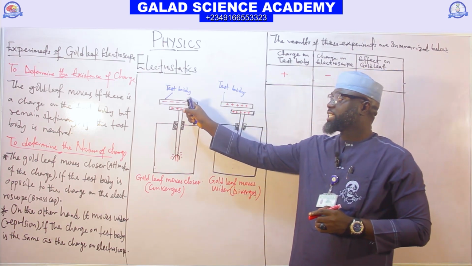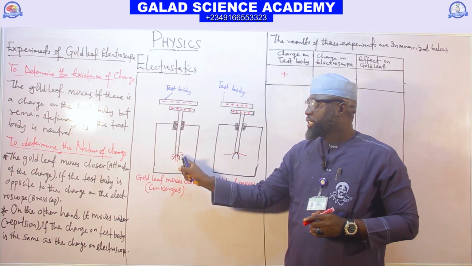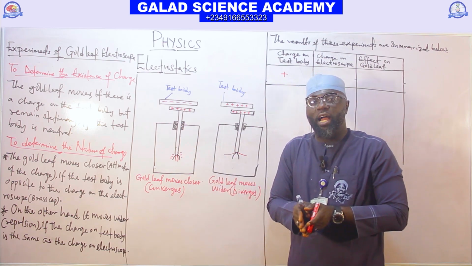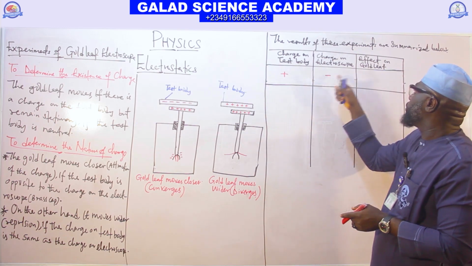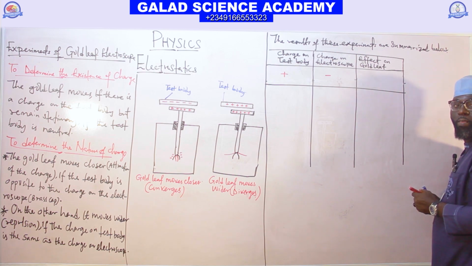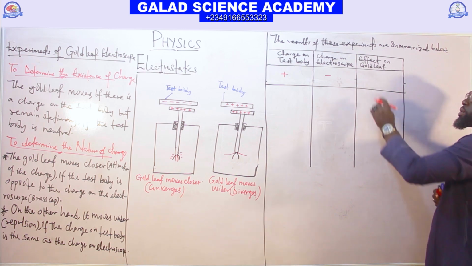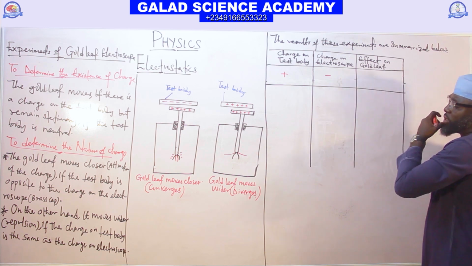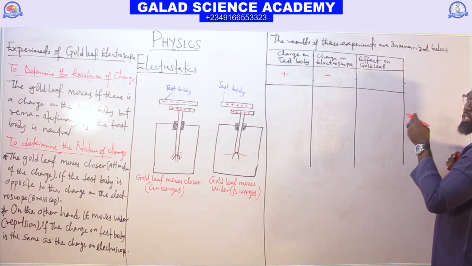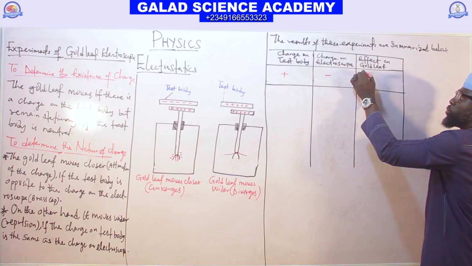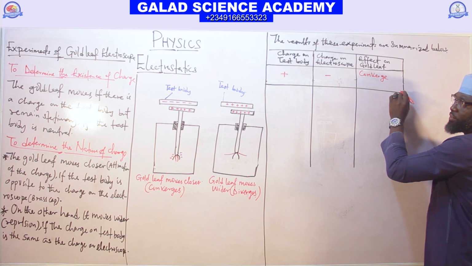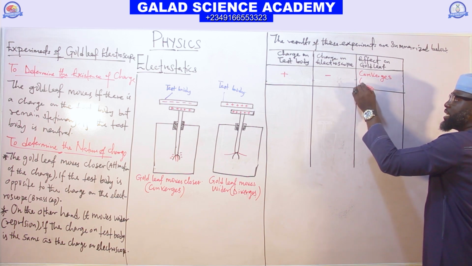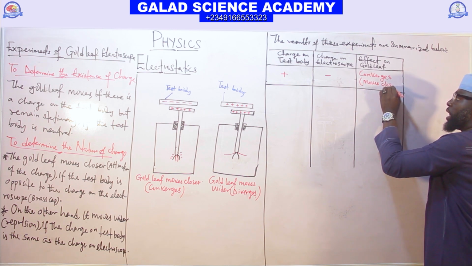Like here, we have negative, positive. The leaf will attract each other. They will move closer. So here we have positive, negative. What happened to the effect of the leaf? The leaf will move closer. When the leaf moves closer, we call it converge. The leaf is converge, that is, move closer.